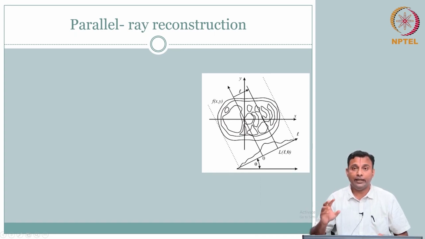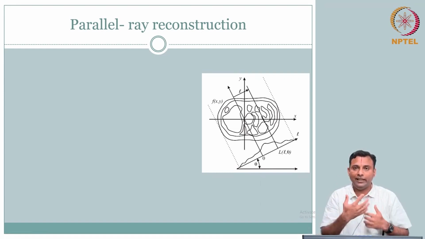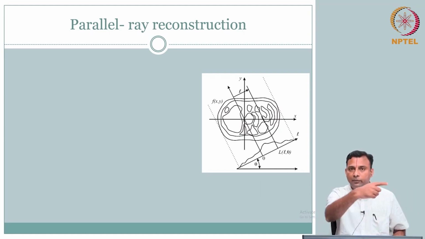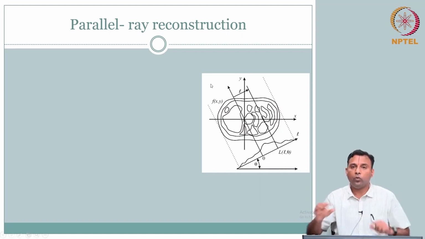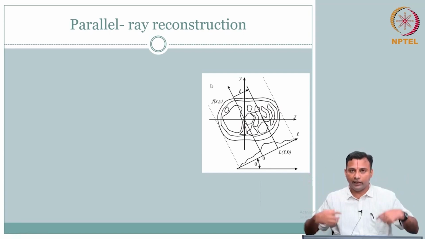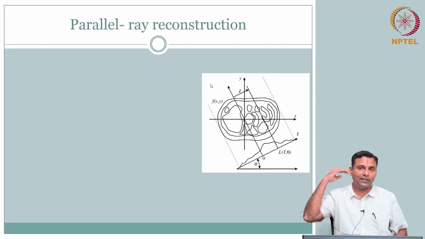In our X-ray projection radiography, the object was 3D and we used a cone, so 3D was collapsed to the 2D plane of paper. Whereas here I am sending X-rays only in a slice. Even though the object is 3D, this 2D imaging slice is what I want to image.